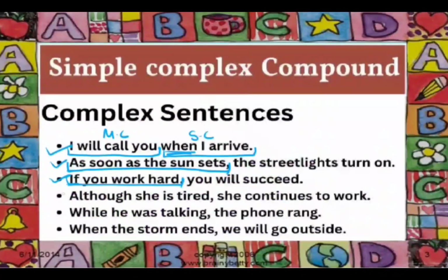Although she is tired is your subordinating clause, hence a complex sentence. While he was walking, the phone rang. While, WH list. When the storm ends, we shall go out. When, again in the subordinating conjunction list, hence a complex sentence.